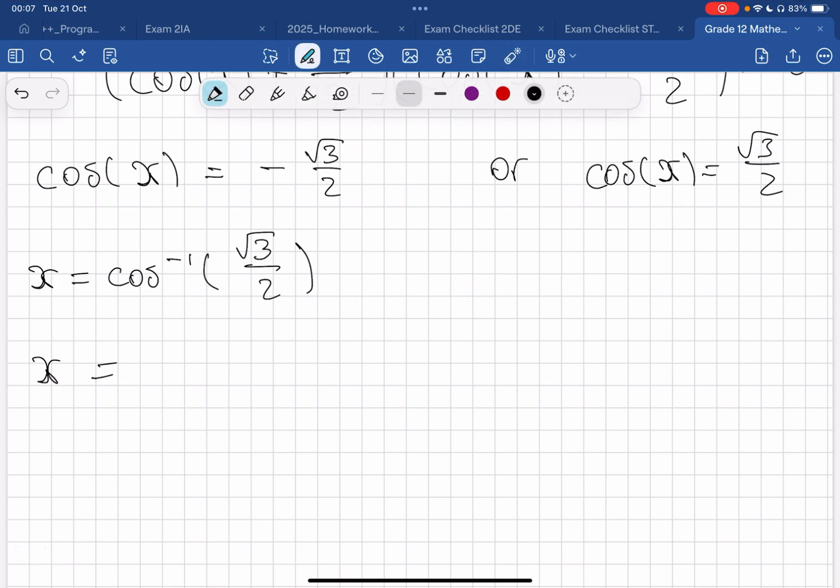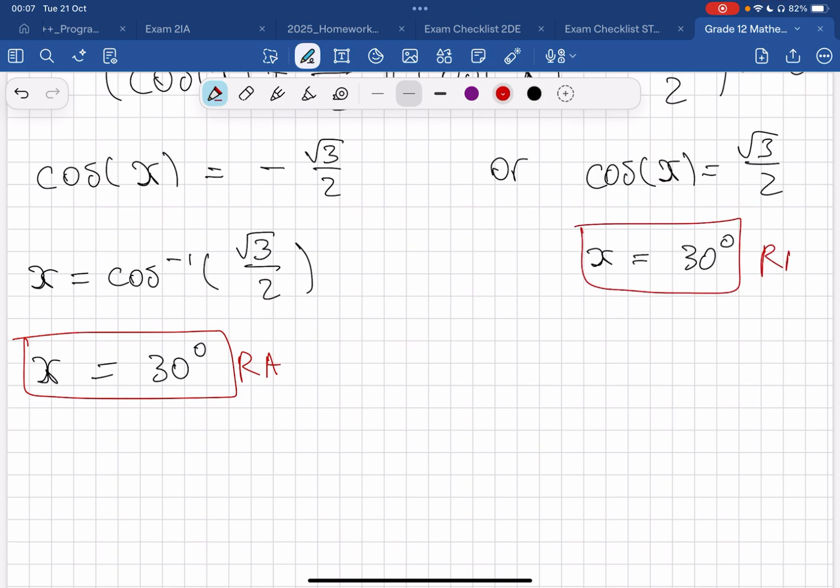So x is 30 degrees. Now, this is very important. I'm going to say this is my reference angle. And you'll see why when I actually find the general solution. I'm going to do the same thing on this side. It's going to be x is equal to 30 degrees. Again, this is my reference angle.